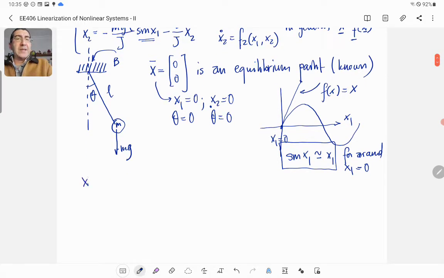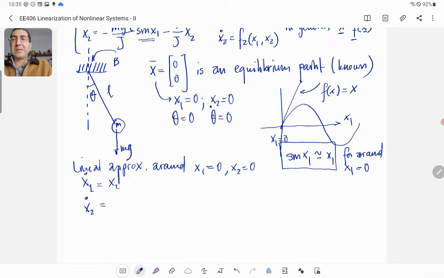So my linear approximation around x1 equal to 0, x2 equal to 0 is simply x1 dot is equal to x2, which was already a linear function, and x2 dot is simply equal to minus mgl over j times x1 minus b over j times x2.